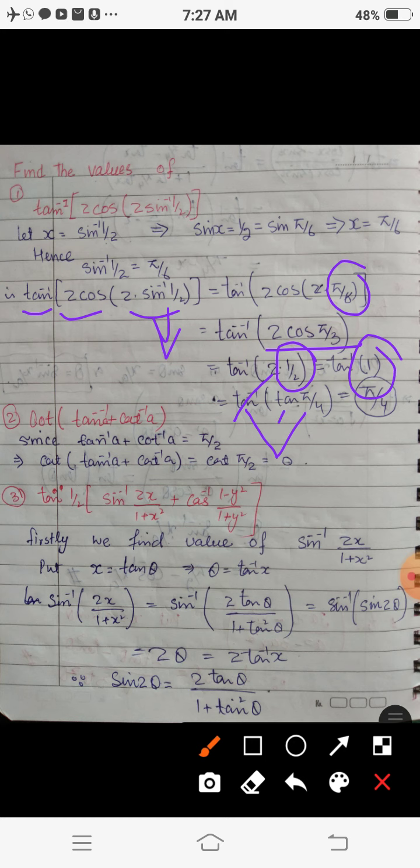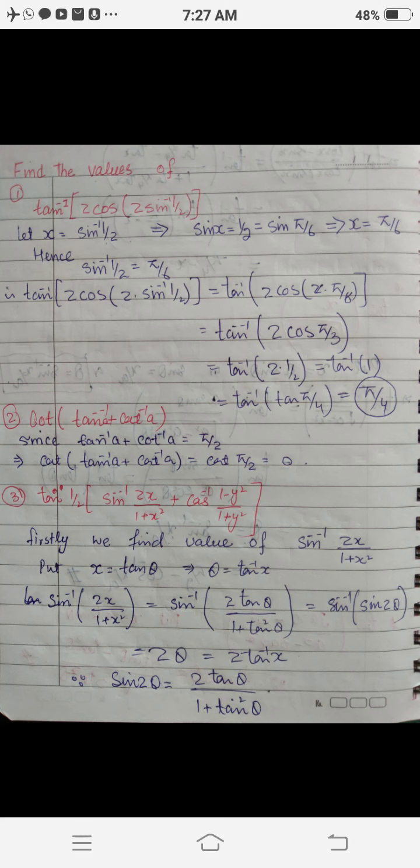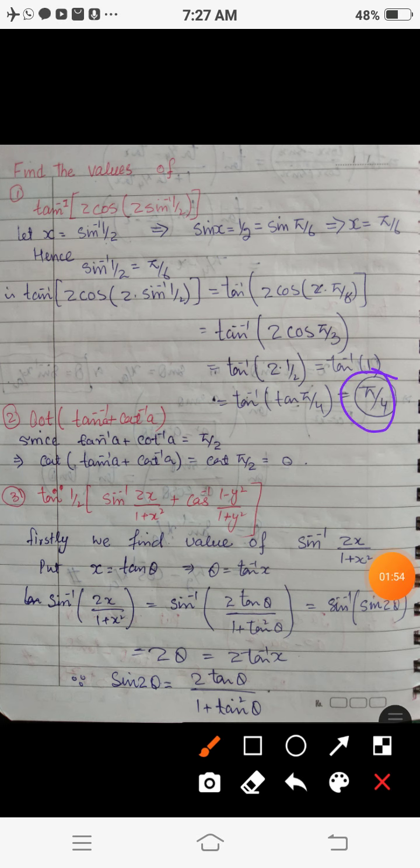So tan cancels, which implies that the value of tan inverse of 2 cos of 2 sine inverse 1 upon 2 is simply pi upon 4. Here this pi upon 4 is in the range minus pi to pi. So this is the principal value of this tan inverse of 2 cos of 2 sine inverse 1 upon 2.